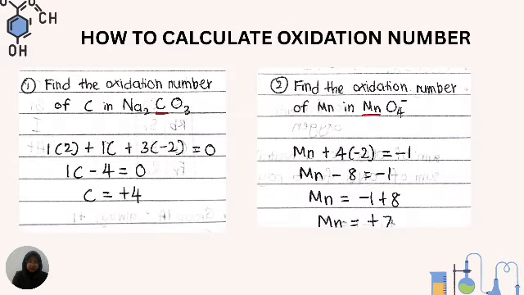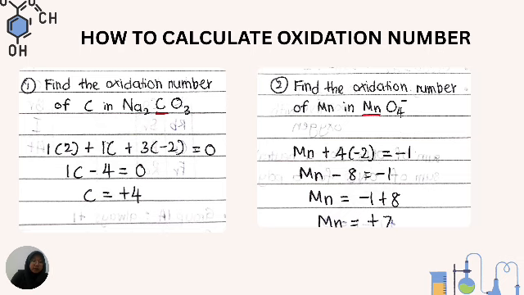This is the question on how to calculate oxidation number, and I will explain it so you can understand more. For the first question, we have to find the oxidation number of C in sodium carbonate.